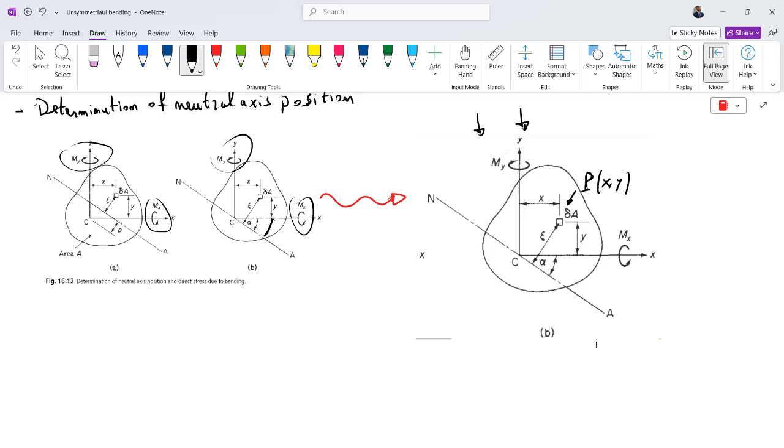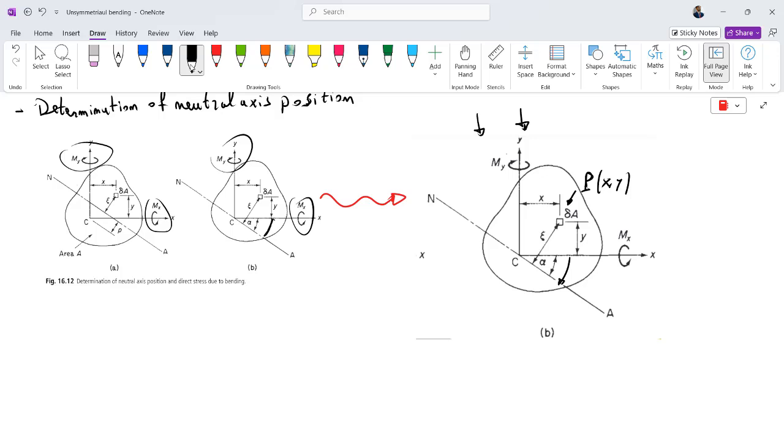So also this infinitesimal portion of area delta A is identified by the same coordinates of the point P. The neutral axis NA has an angle with respect to the x-axis, this angle alpha, in clockwise direction.